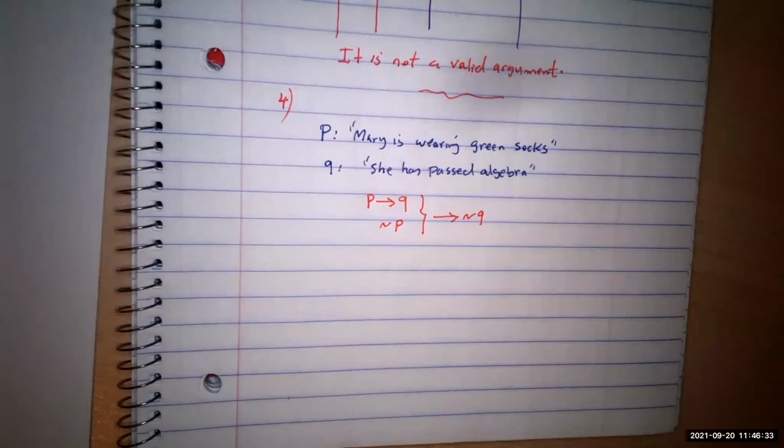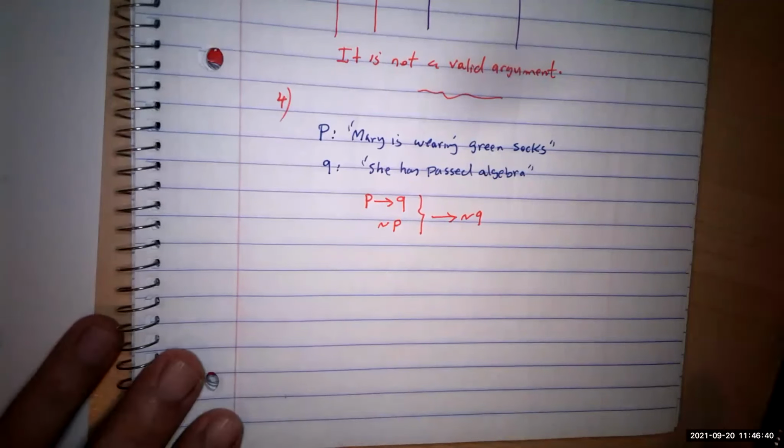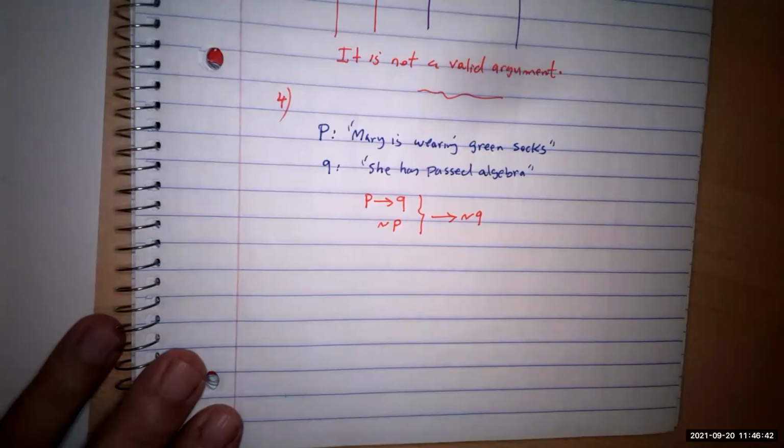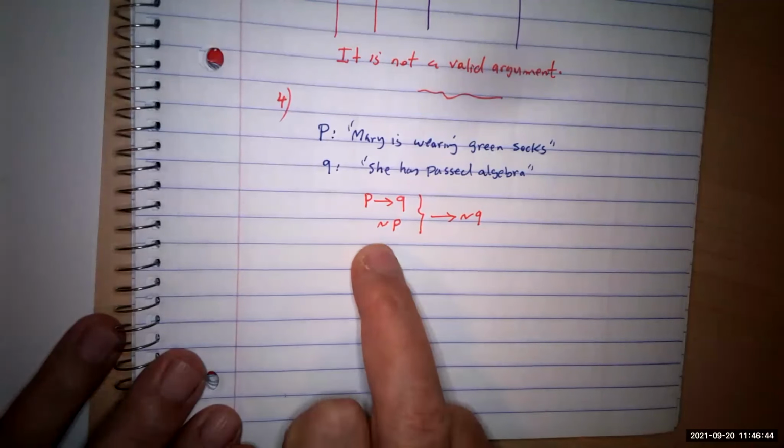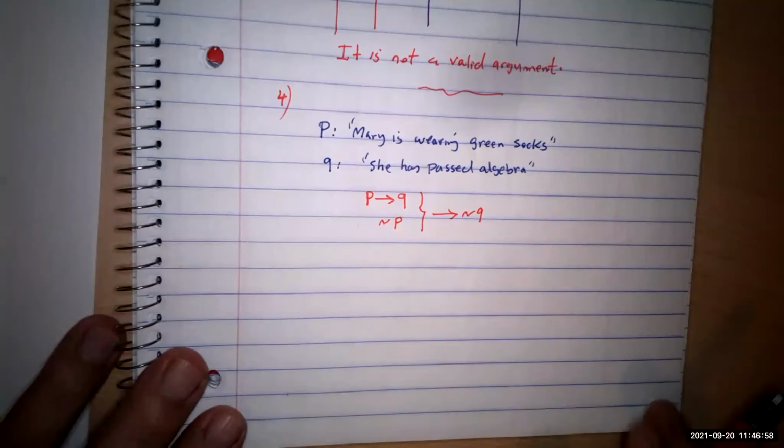So that's a case that you should be able to reject right away. If it was not Q, that would imply not P by the contrapositive. But this is not the case. If P then Q is not equivalent to not P implies not Q. So it's invalid, and you can reject it right away.